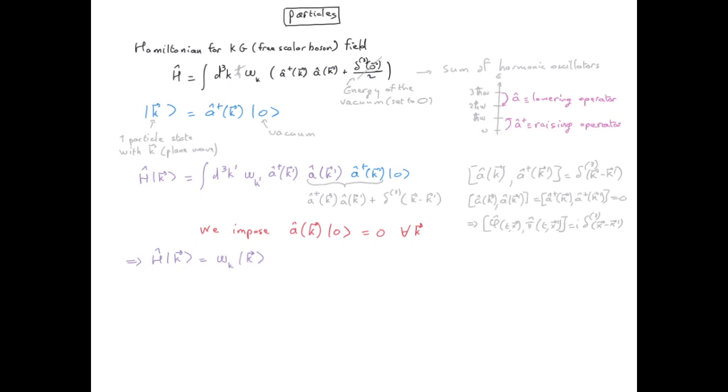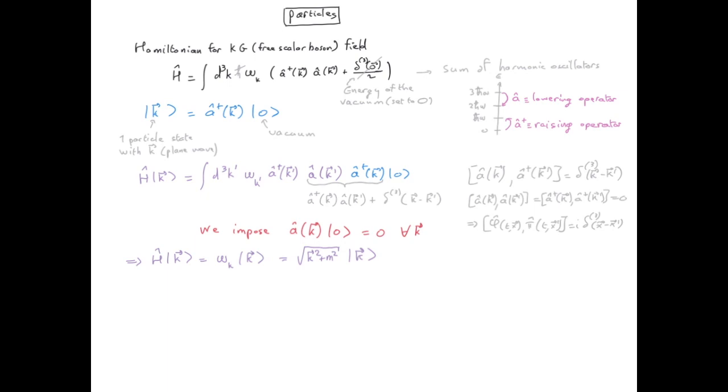So we see that the state k is an eigenstate of the Hamiltonian for the free Klein-Gordon field, and its eigenvalue is omega k, and omega k is just the energy for the disturbance of the field on mass shell.